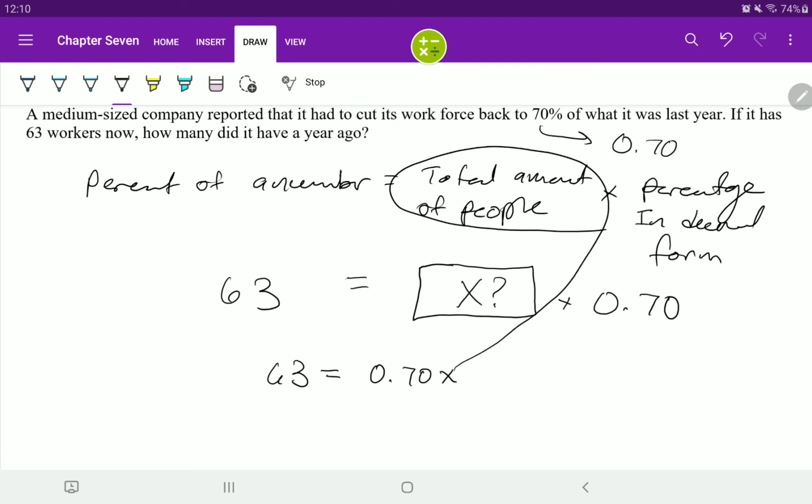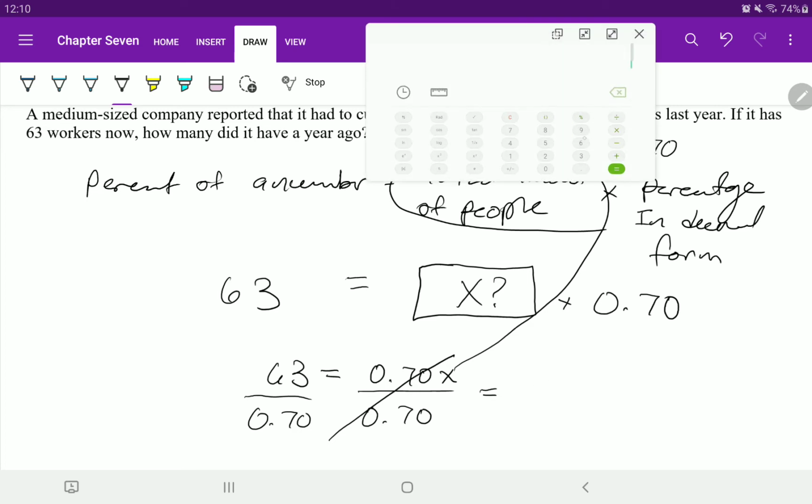To get x by itself, I want to divide both sides by 0.70. So 63 divided by 0.70. Let's see what that is. And that equals 90.